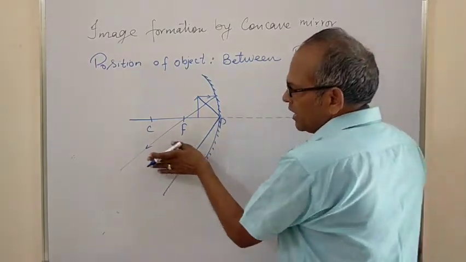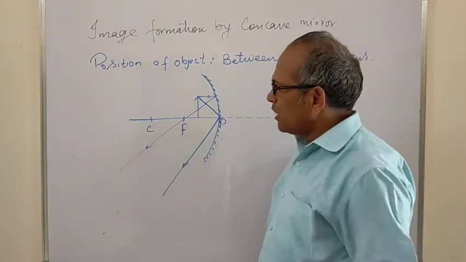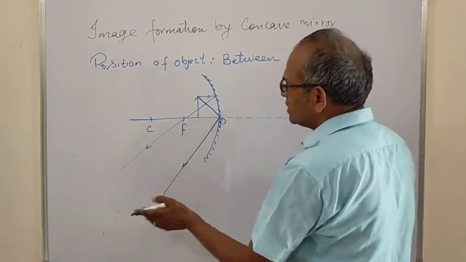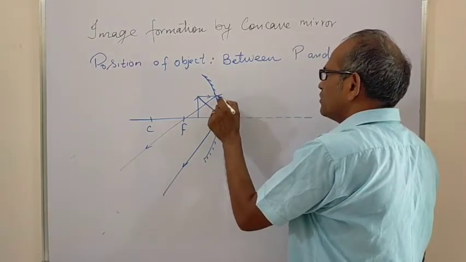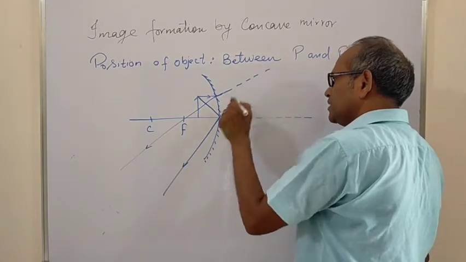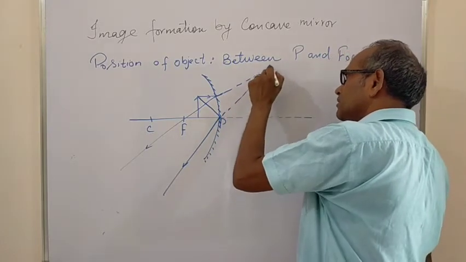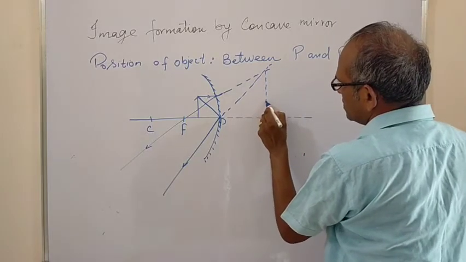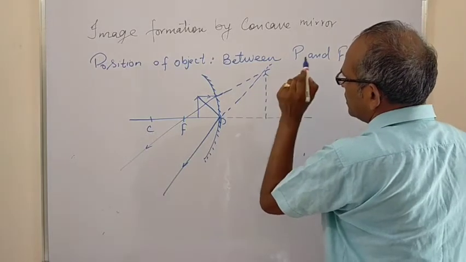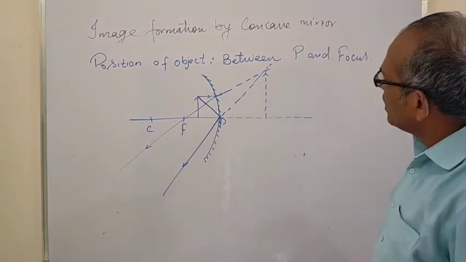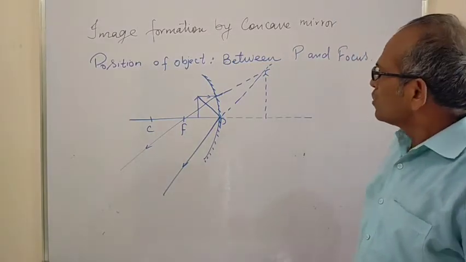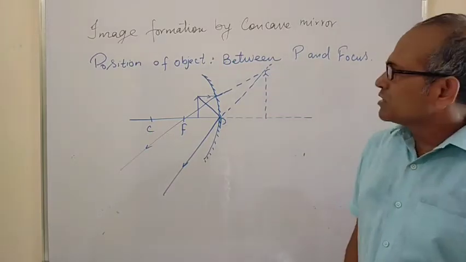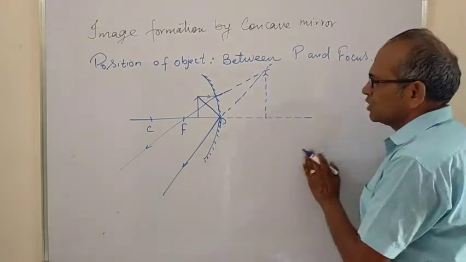Now, these rays are extending away from each other. So they will not meet on this side. So I try to extend them at the back side and see. So they meet at this position. So this is an image formed on the right hand side, and it is being formed above the principal axis. So this image is virtual image.